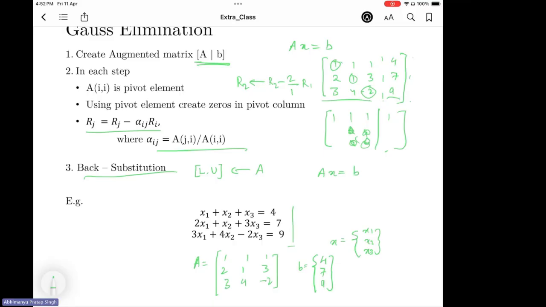I can write A as LU. Now this UX I can call y, so it becomes Ly is equal to b.